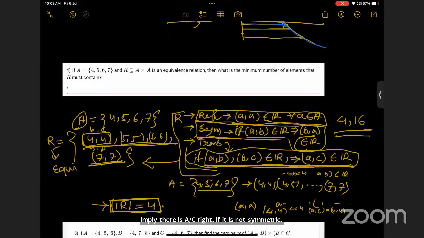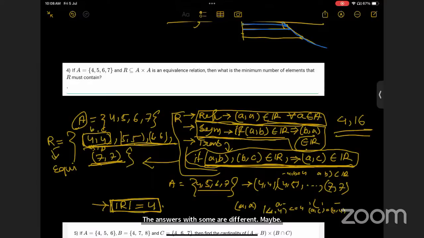But if it is symmetric, then if there is (c,a), there will be (a,c) too. Yes. Ma'am, we had a question in our earlier assignments with frog, fox, and many such combinations, but the answers were somewhat different. Maybe I need to relook.